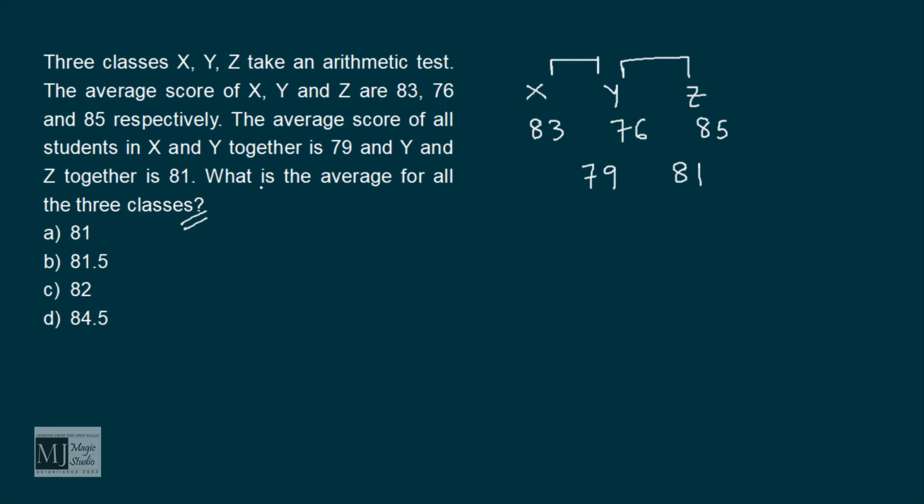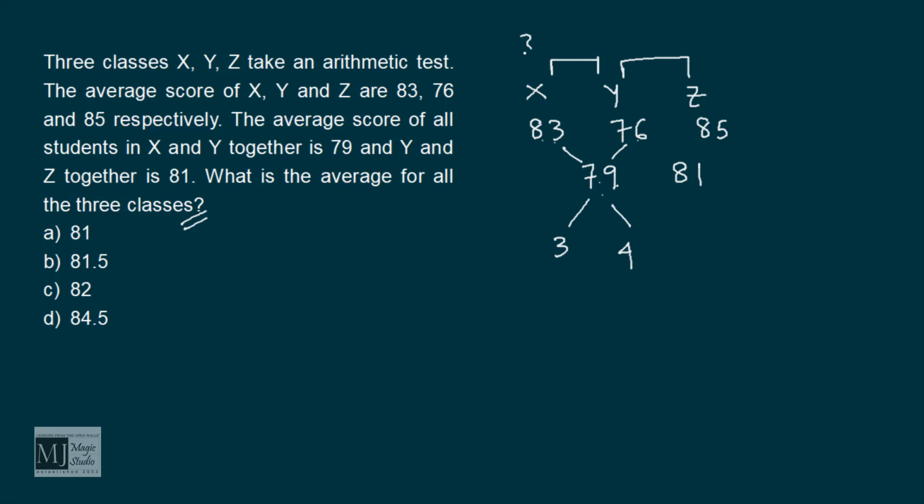Now first thing first, I need to know the number of people in X, Y and Z. If not the exact number, at least I should have the ratio of the number of people in X, Y and Z. The average of 83 and 76 is 79. I can use my cross diagram, butterfly diagram. 79 minus 76 is 3. 83 minus 79 is 4.